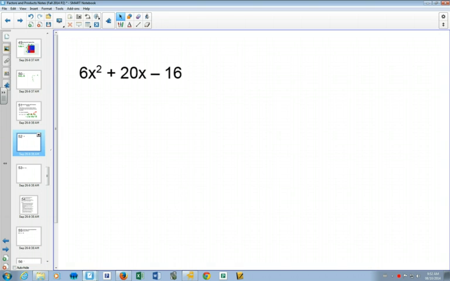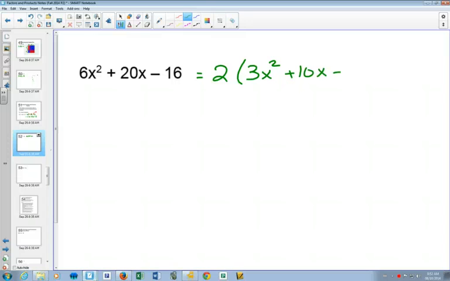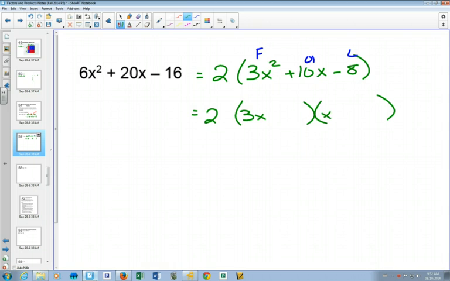Okay, how did you do? Did you see that the number you could pull out of all of them was a 2, leaving you with 3x squared plus 10x minus 8? Then, if this could be factored further, here's our first, here's our last, our outside and inside combined. It would have to be 3x and x to get that first one, right?